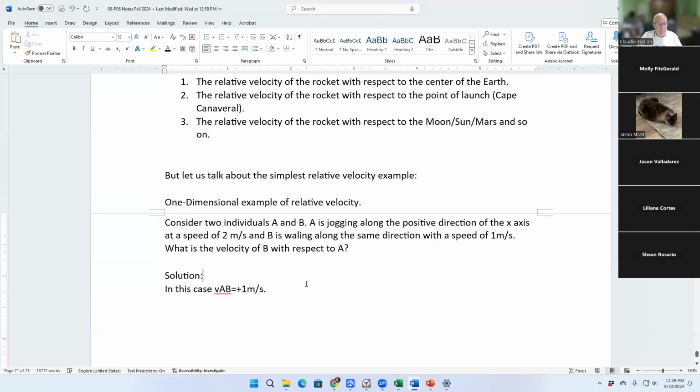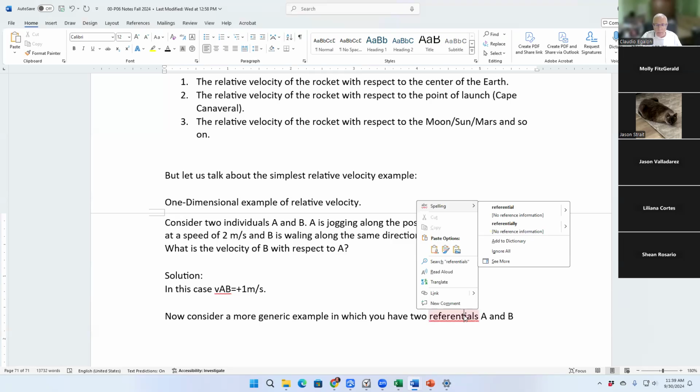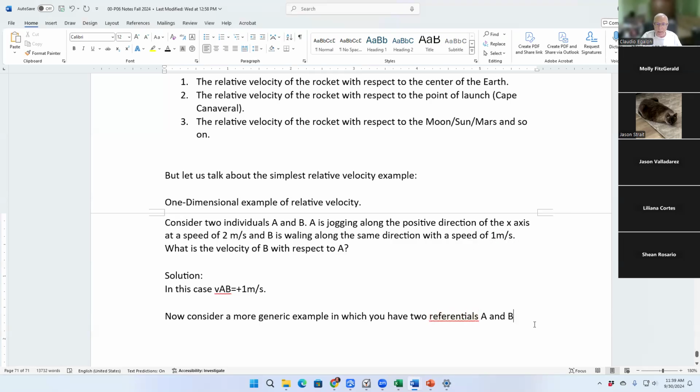Okay. Now consider a more generic example in which you have two referentials, A and B, and a point P. Velocity of P with respect to A is none.